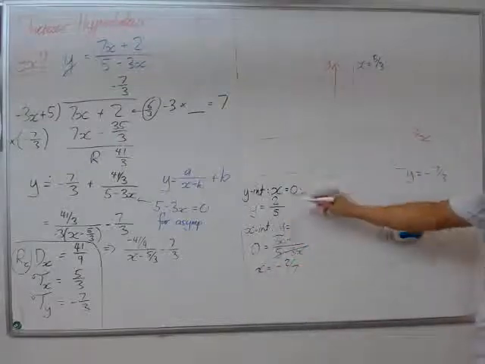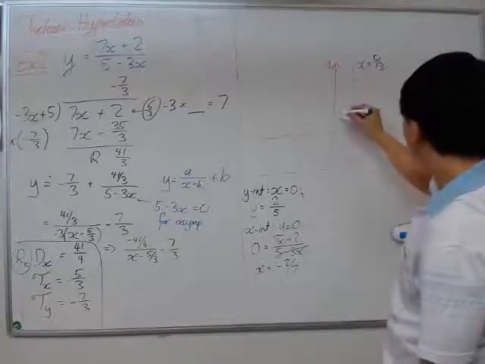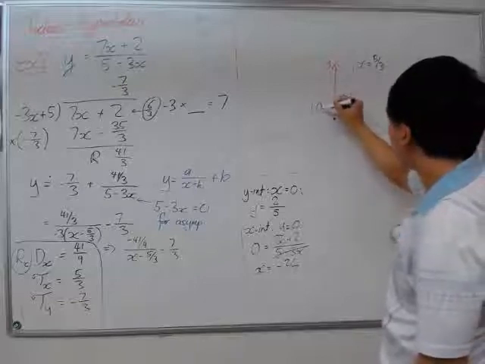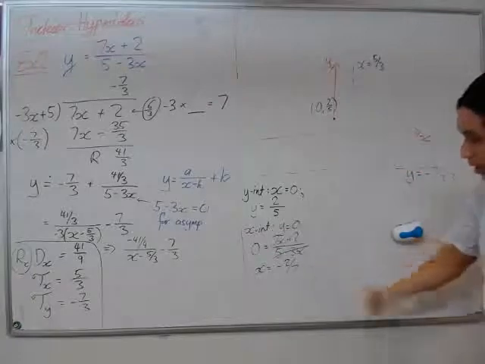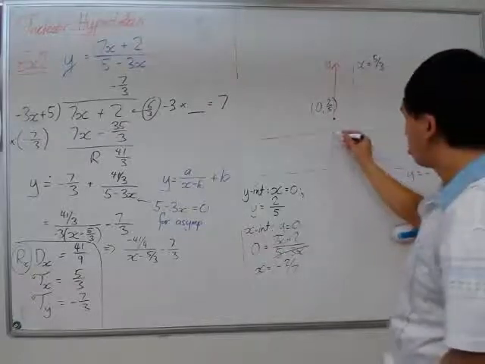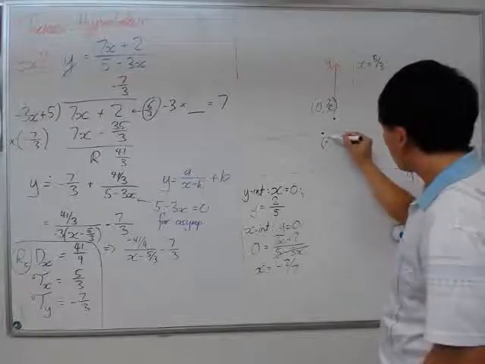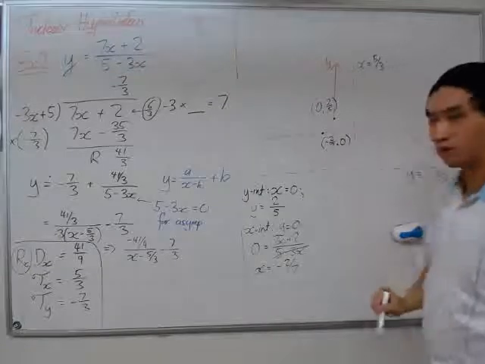Okay, so let's plot this out. 2 on 5, so that's about over here somewhere. Doesn't have to be to scale, remember? As long as you have all the key points. This one over here, negative 2 on 7, so just a little bit to the left of the x-axis. And we got it here. Negative 2 on 7, 0.